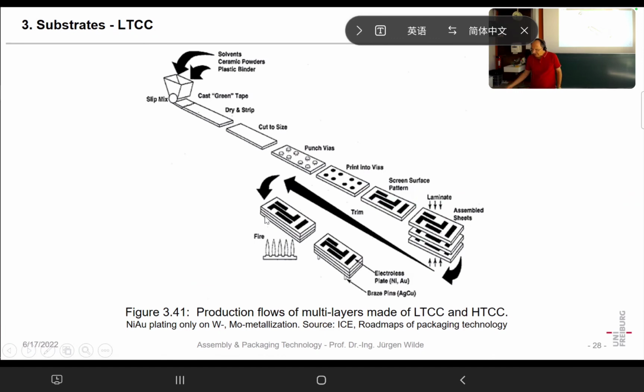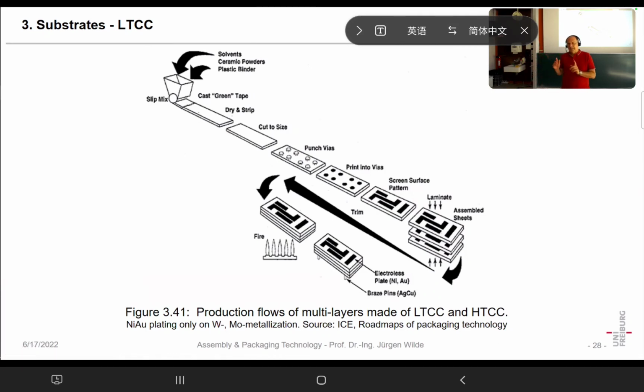There is one thing I would like to point out. That example here I took from some literature. It's not just for substrates, but also for packages. And what they were doing here is electroplated.